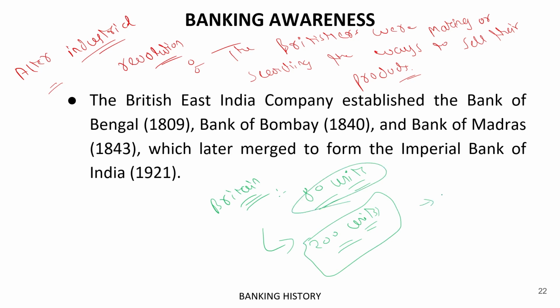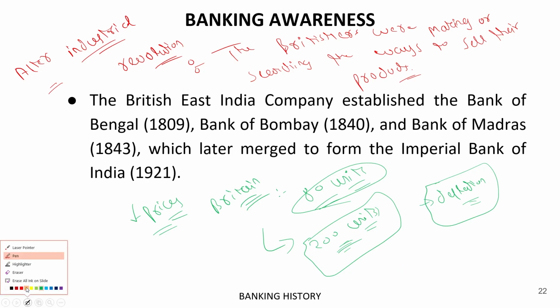It means that there is a condition of deflation, a rapid fall in prices, because the supply heavily dominates the demand. That was the reason why the British wanted to sell their excess units in the world market, because right now they had an excess of 120 units.